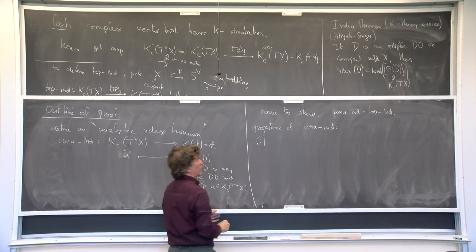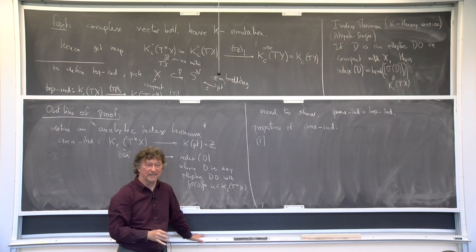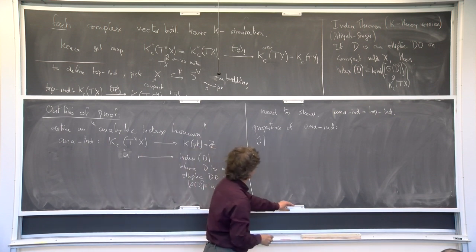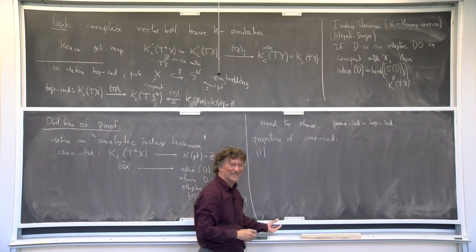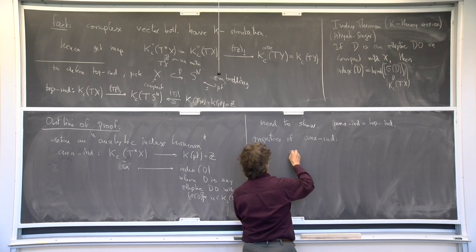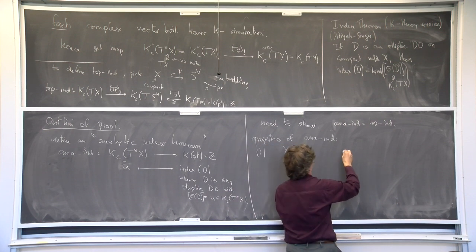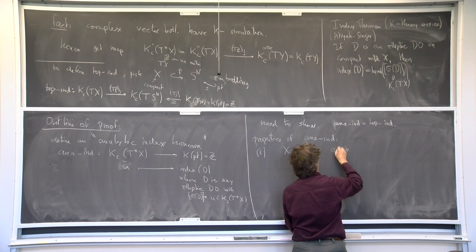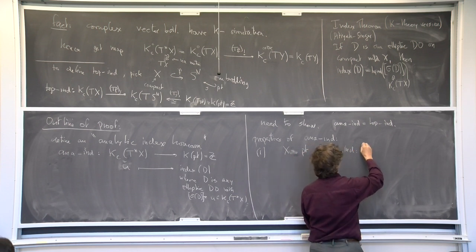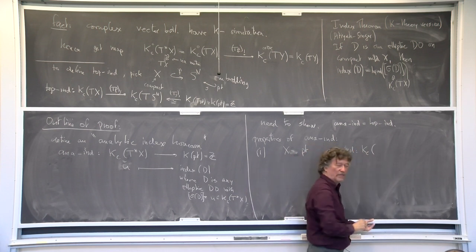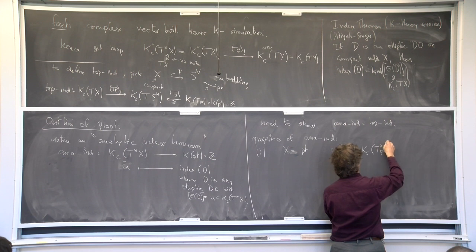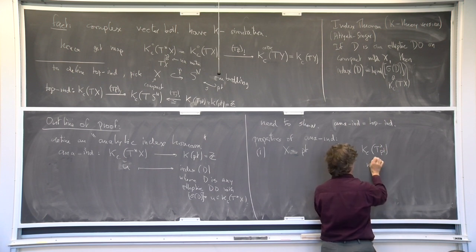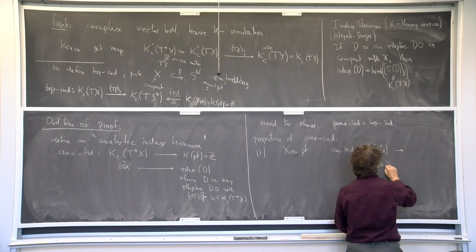Here are two properties. The first one is really simple. The second one is a real tough one to show. So the first one is, well, what happens if you do it for a point, right? So if X is equal to a point, then the analytic index map is a map from the K-theory with compact support of the tangent bundle of a point, well, that's still the K-theory of a point, into the K-theory of a point.